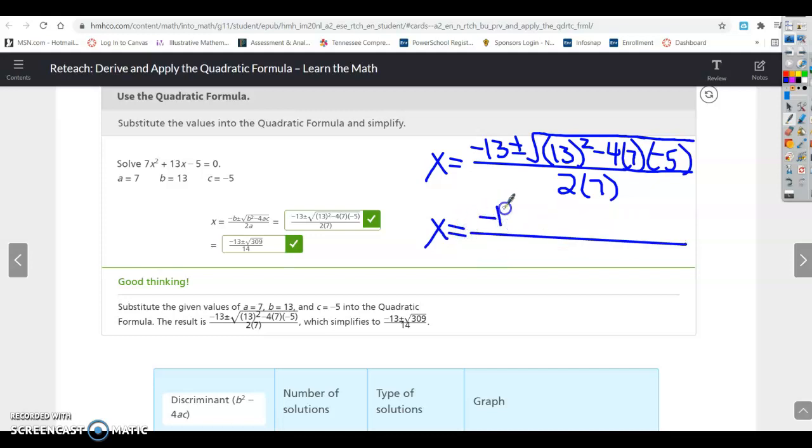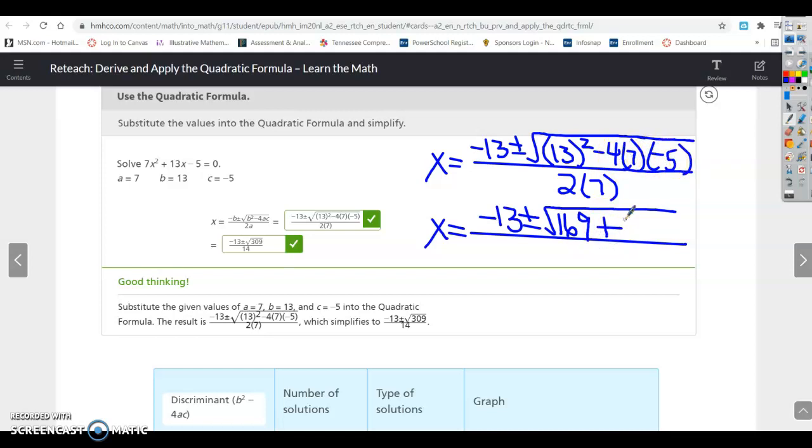Alright, so when you're working with the discriminant, you are simplifying what's underneath the square root. So you can see that 13 squared is 169. And you have 2 negatives out of 3 things being multiplied, so that makes that a positive.